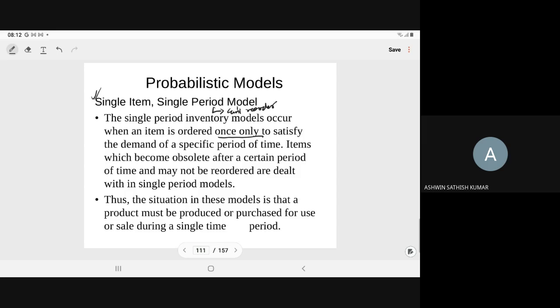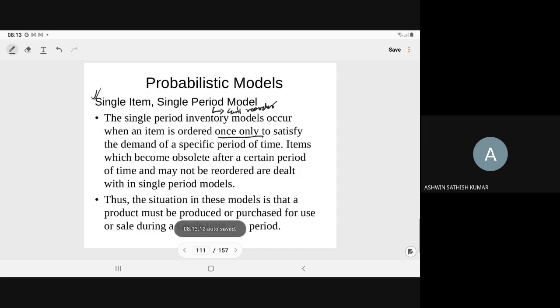For example, if we have a business of Rakhi, it is of short period, meaning for only 1 or 2 or 3 days. In that period you cannot reorder. If you have a shortage of the item, you cannot reorder, because it is such a short period.